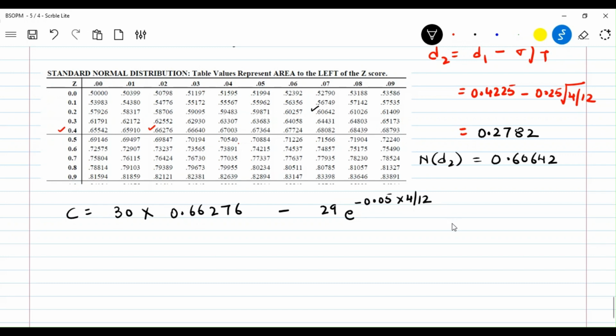I believe you still remember what this is. We have already discussed it. If not, please scroll back in the video and find out. And then multiplied by ND2, which is 0.60642. Once you do the final calculation, you're going to get your answer as 2.587. What is this? This is the value of the option. And that's all about the Black-Scholes option pricing model.